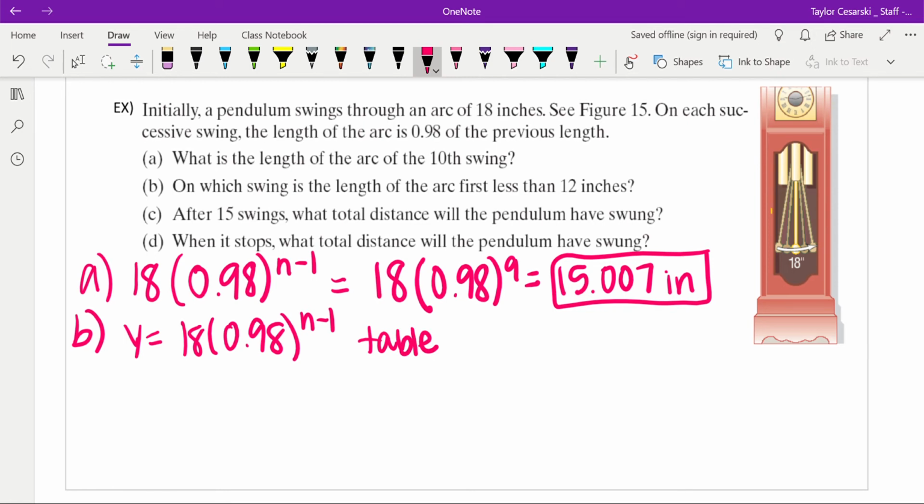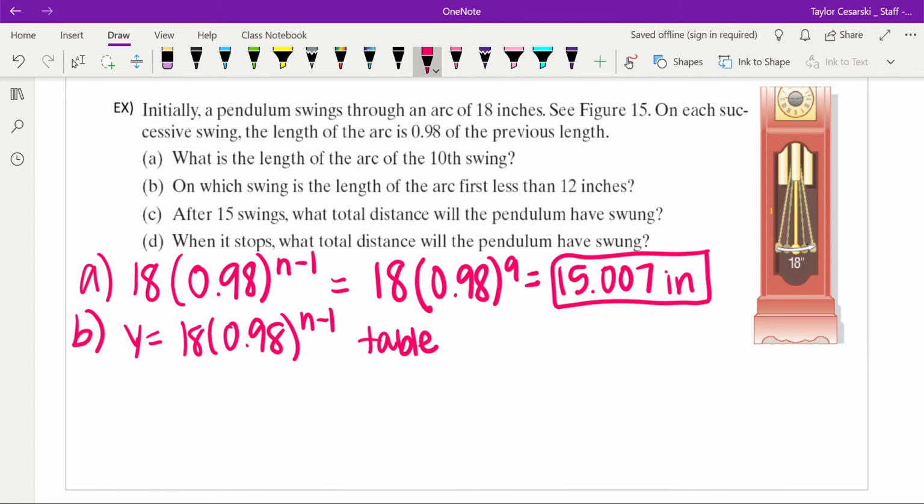Okay, so let's see, 0 and 1. So I can see if I scroll down, and I can also check myself. I can check my other ones, so at 10, if I plug in my 10th swing, I can see at 10 it's 15.007, but I'm looking for the first place that it's less than 12 inches.